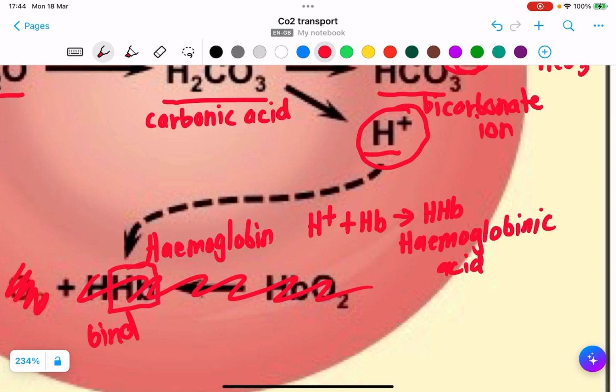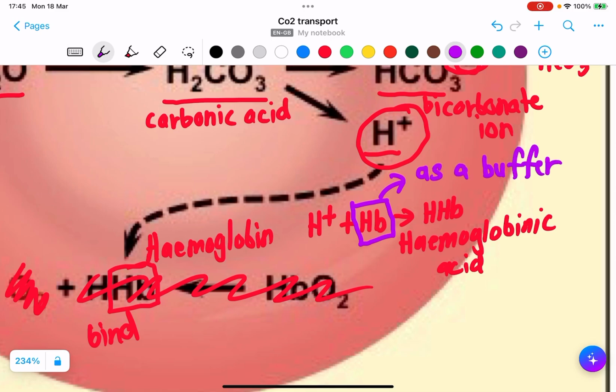So, charge tu hilang. Lepas dia gabung dengan hemoglobin, charge positif hydrogen ion tu hilang. So, kalau soalan tanya, what is the role of hemoglobin? Jawapan dia adalah as a buffer.